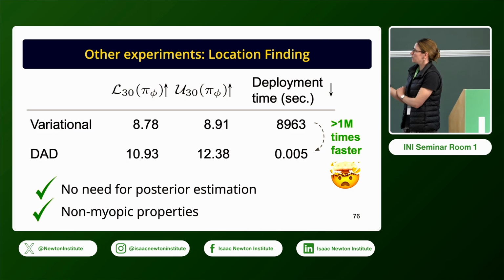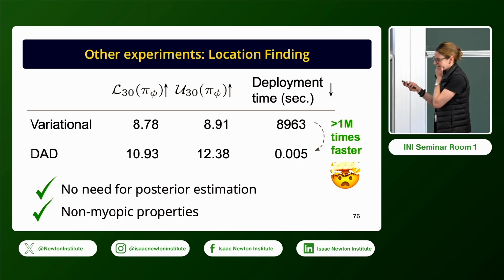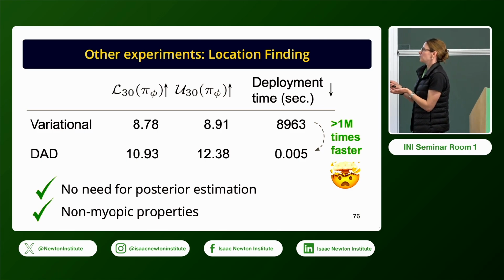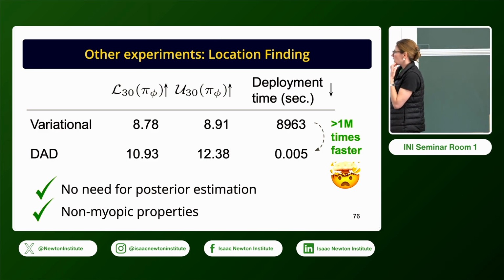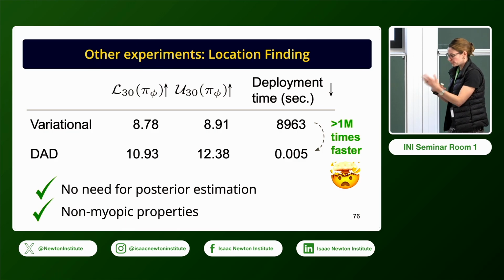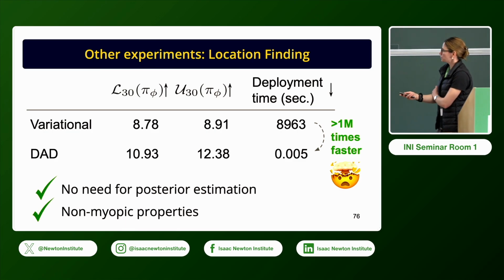And similarly, we're seeing better performance compared to traditional approaches, really much faster, right? And again, to highlight, that is really due to the fact that we're not doing posterior estimation, and we are planning ahead, right? We're learning this non-myopic policy.